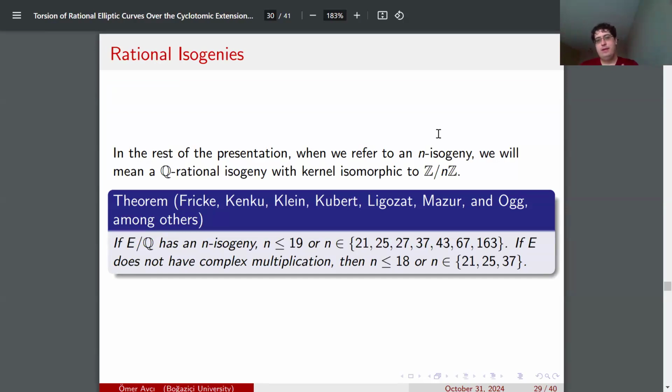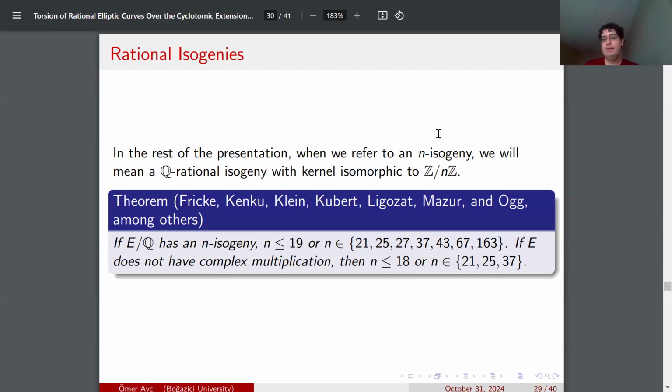Okay, so now an important theorem. It's due to multiple authors, but Mazur is one of the most, he contributed a lot, and his theorem is a result of finding rational isogenies. If E over Q has an n isogeny, then n is less than 19, or one of finitely many cases. If it doesn't have complex multiplication, then the list gets shorter.